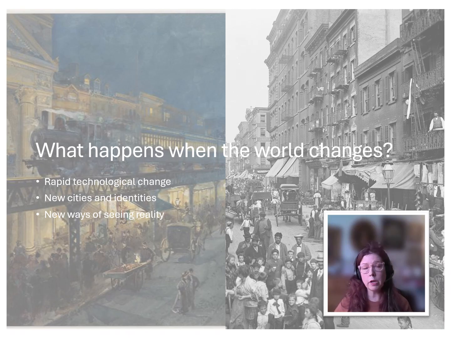So when we come back to the ideas on this slide here, they start to feel a little more real. We're not just talking about rapid technological change in an abstract way. We're actually talking about railroads and electricity and mass production systems that are transforming daily life almost overnight in a very tangible way. We're not just talking about new cities and identities.